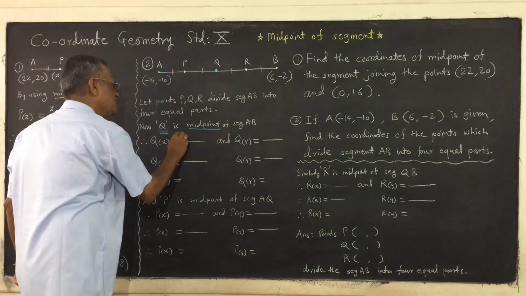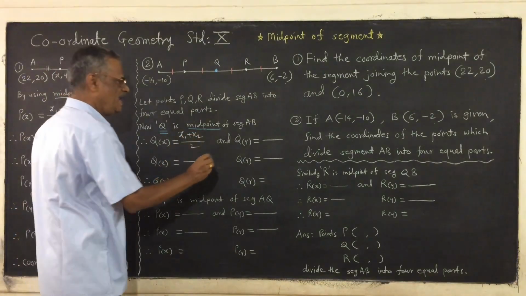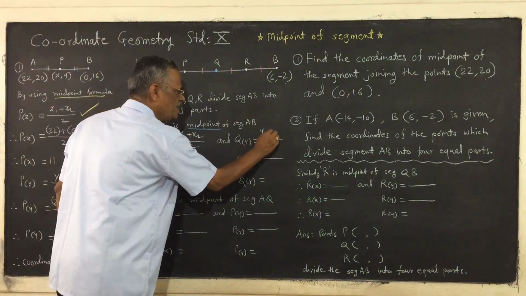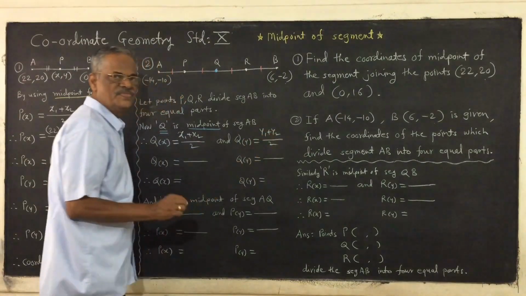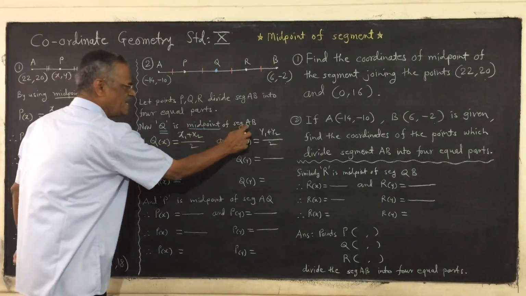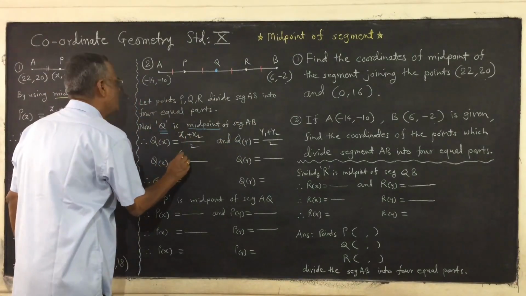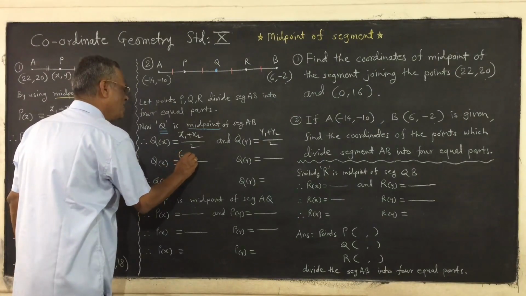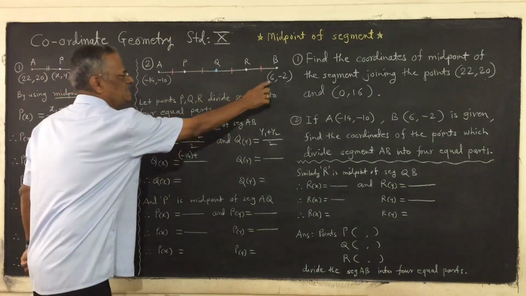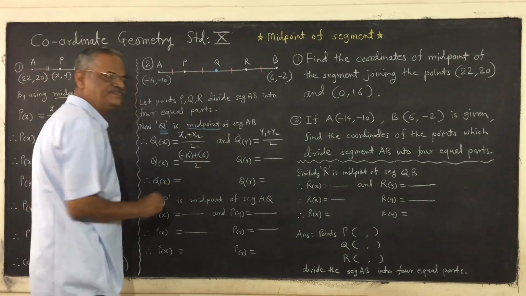You can use the same midpoint formula, (x1 plus x2) upon 2 and (y1 plus y2) upon 2. Considering segment AB, this is your x1, so substitute properly: minus 14 plus x2, which is 6, divided by 2.